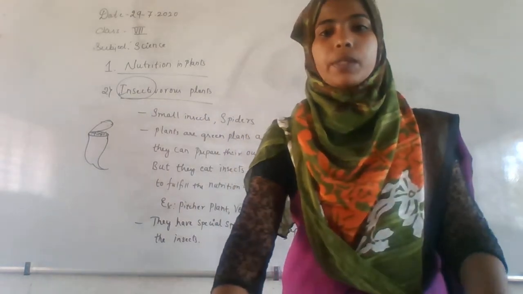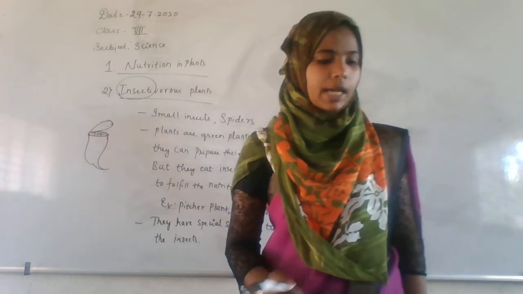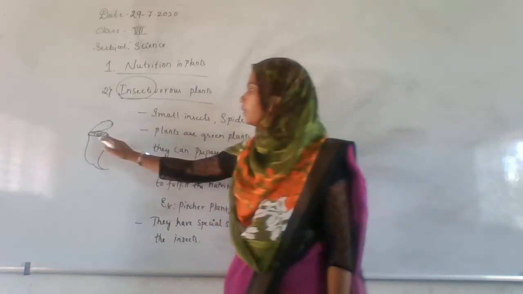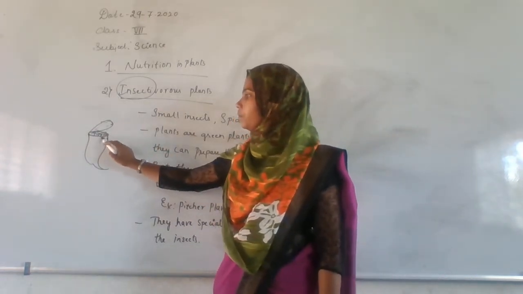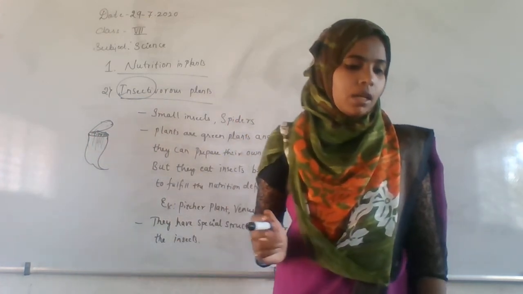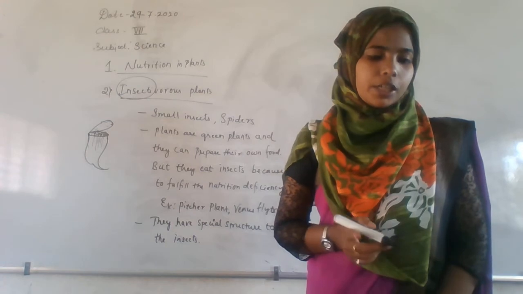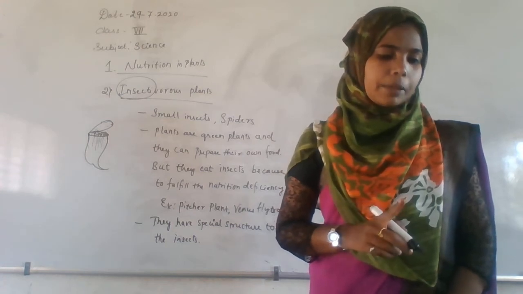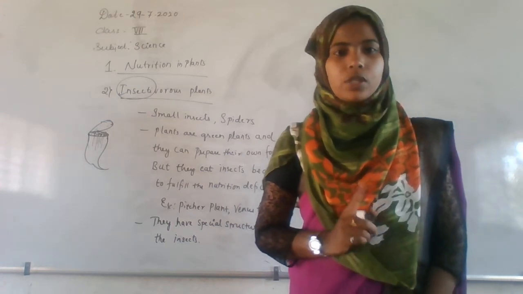When the insect comes into the pitcher plant, it gets entangled in the hair, and is digested by the digestive juices secreted by the cells of the pitcher plant.